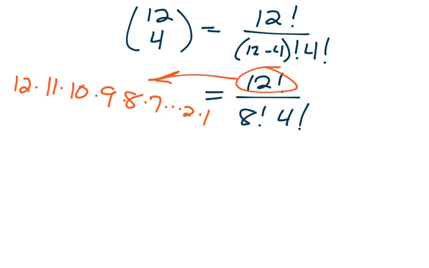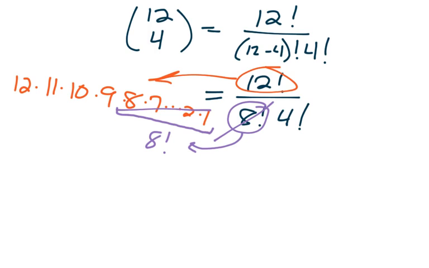Now the thing I want you to notice is, what is 8 times 7 times 6 times 5 times 4 times 3 times 2 times 1? What is that thing living inside of 12 factorial? Well, this is nothing more than 8 factorial. And look, 8 factorial is in our denominator. So this 8 factorial that's being divided is going to cancel out the 8 factorial that lives inside of 12 factorial.